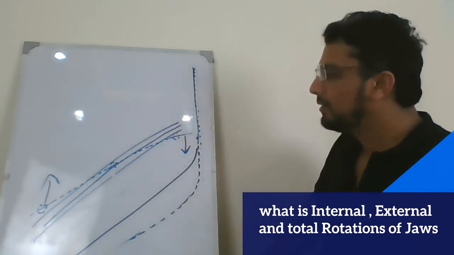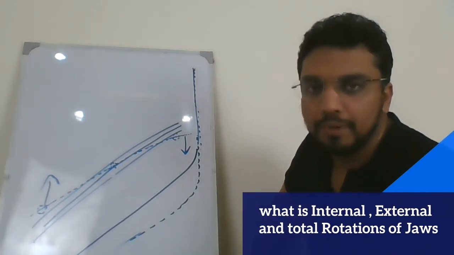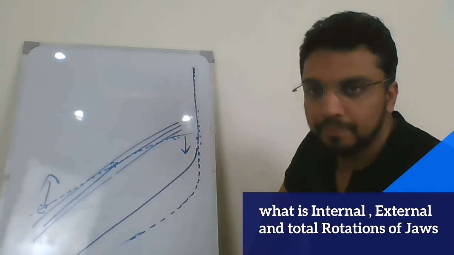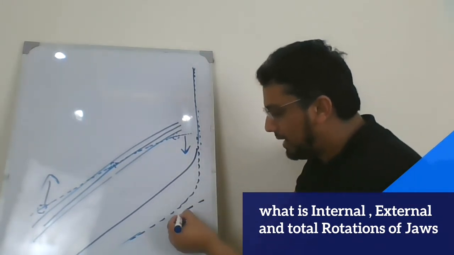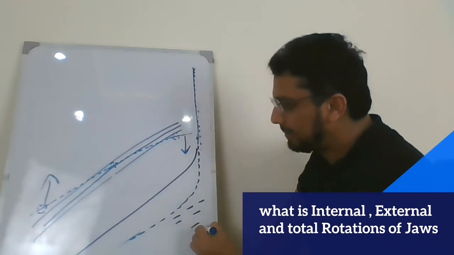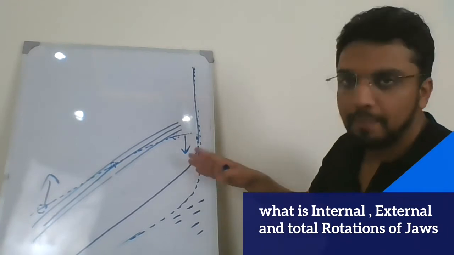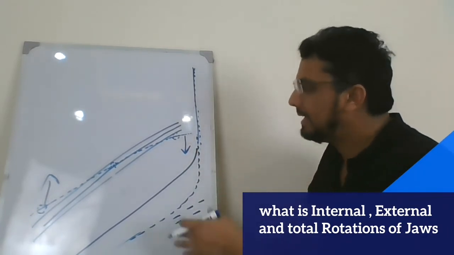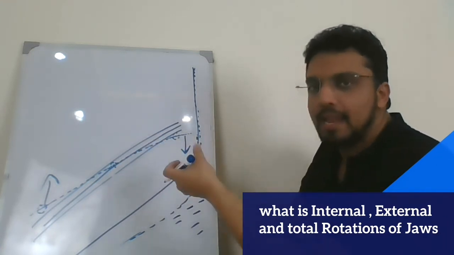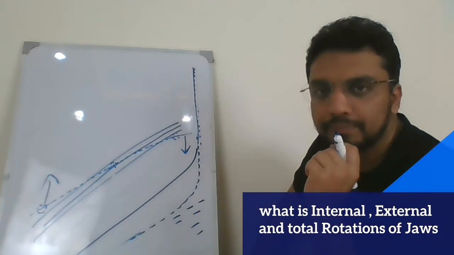But the phenomenon of the surface resorption is there. What would happen if there is a resorption going on in this area? What would happen if there is a resorption on this area of the mandible? Then this will conceal and oppose the effect of the internal rotation.